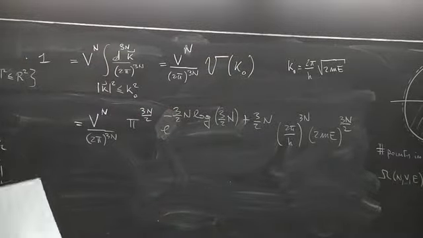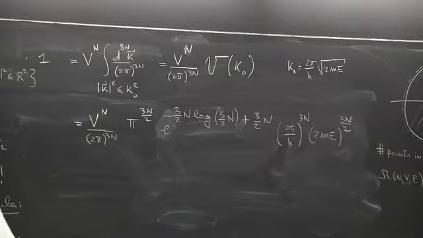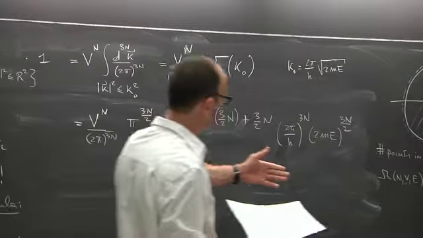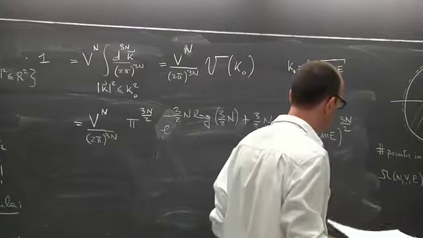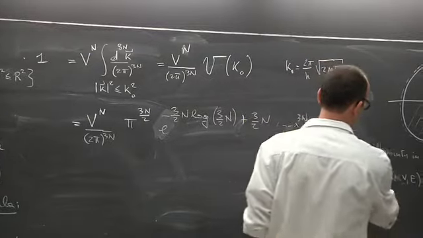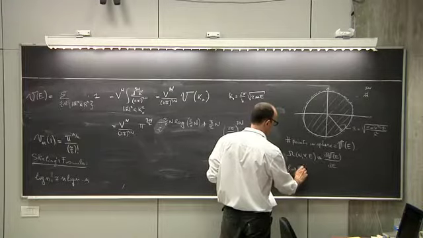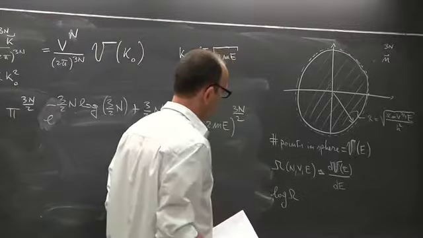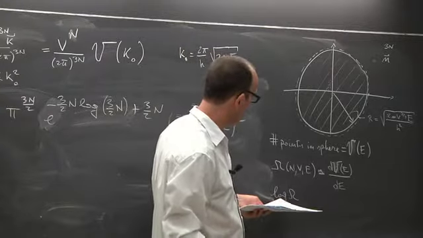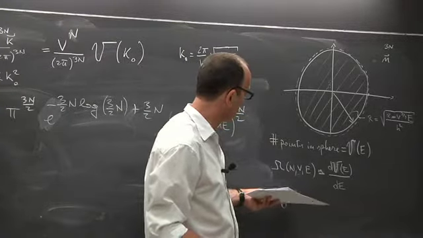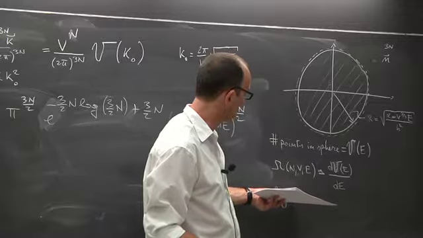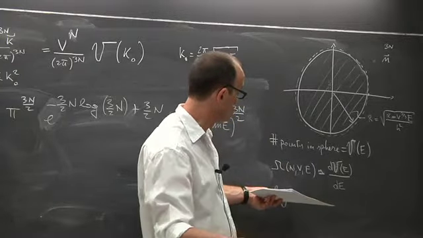Now, what I'm interested in is essentially the log of this. In particular, I'm interested in the part of the log of omega which increases, which is proportional to n.